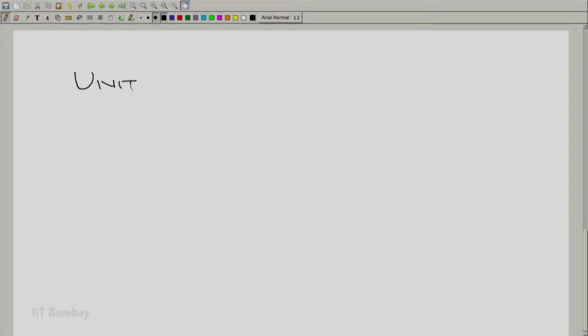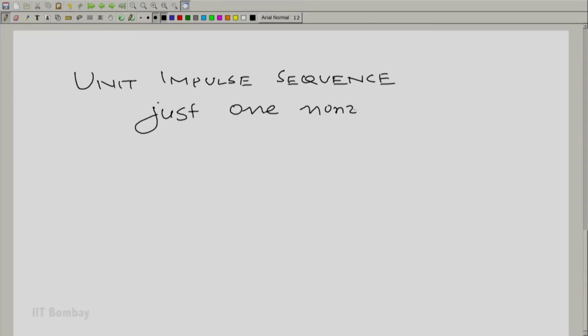So, now we proceed to define what we call the unit impulse sequence. I do not need to say too much about impulses because we have said enough in the continuous time case, but what you would really want in a unit impulse sequence is just one non-zero point. So, in fact, we can define this unit impulse sequence very precisely in a discrete context.